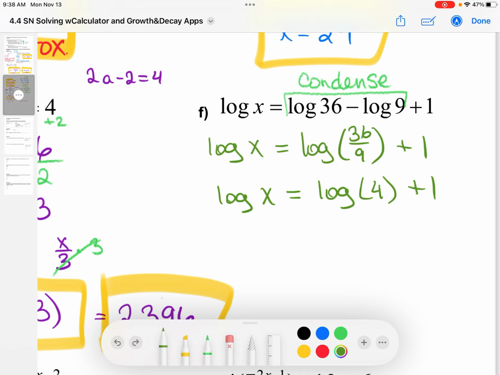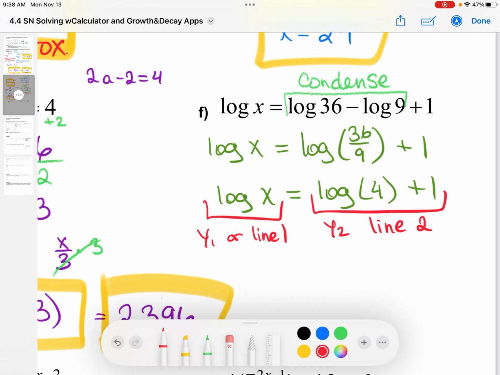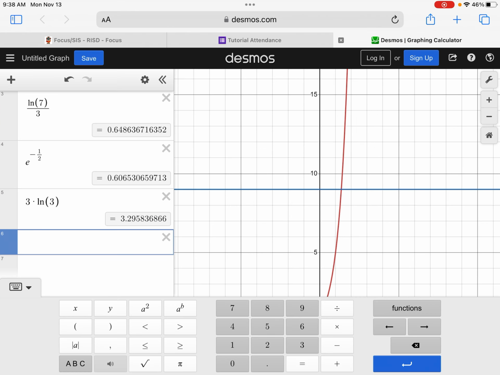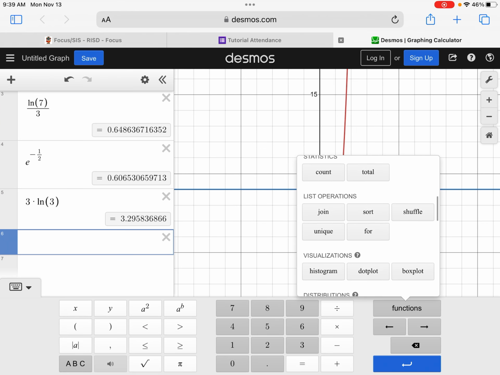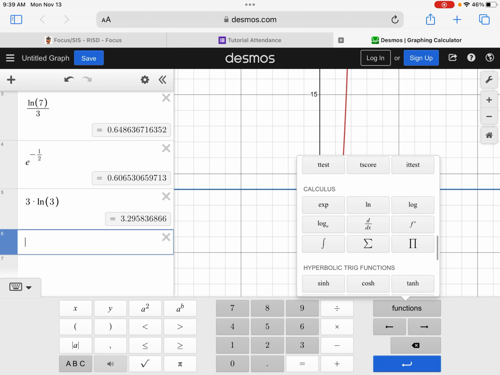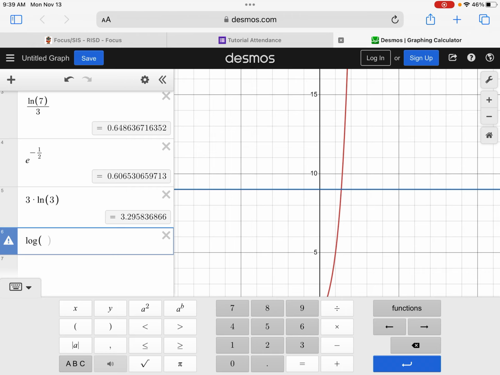So what we're going to do here is go to the calculator, and either Y1 or line 1 will be this left side, and either Y2 or line 2 will be the right side. You can do this in the calculator, or you can do this on Desmos. If we go to functions and go down to that calculus group, we get log.